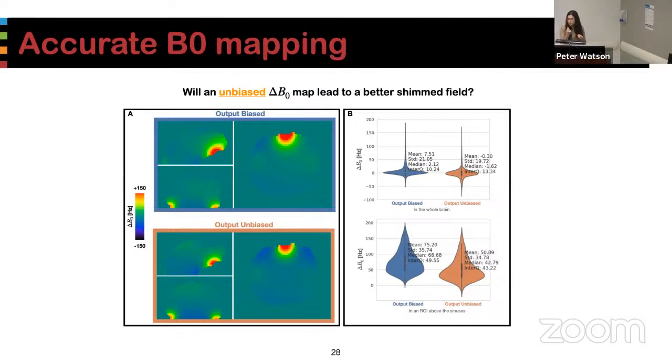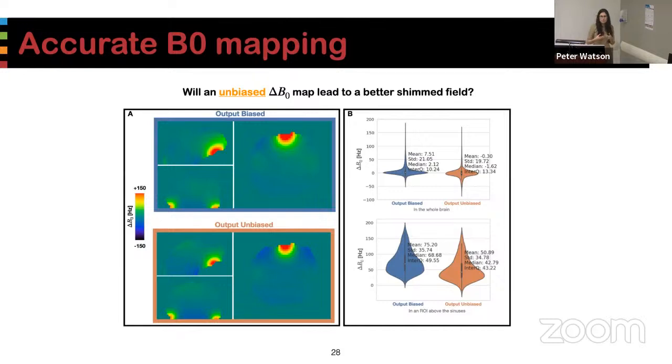If we look at the distribution, a histogram of the values of field offsets in different pixels, and that's what I'm showing you here, we see that for the biased field map and the unbiased field map, there's a difference of about 25 hertz, 20 hertz. So that seems significant.